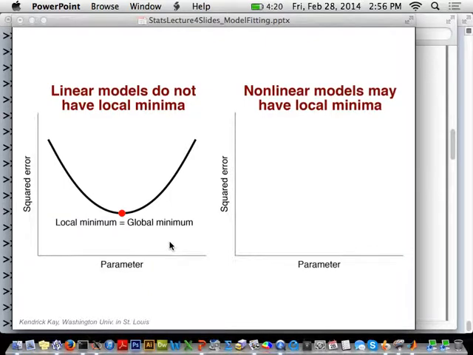So let's just look at a little toy diagram of that case. In a nonlinear model, again, it has parameters, and the setup is identical, where we have an error surface that we're trying to minimize. It might look like that. So now we have multiple bumps, and that's a problem, because if we land in this bump, we're at a local minimum, so nearby, that is the best point.